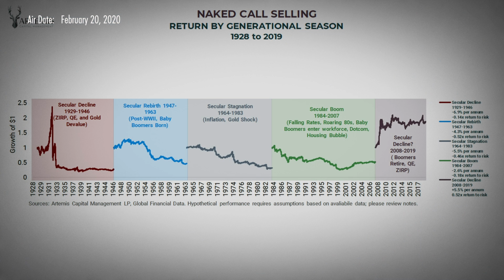Let's take a look at that. In the 1930s, the stock market dropped 80%. If you were selling calls on the way down, you would have done a little bit better than someone just holding the stock. But then we had the deflationary left tail. Then you have the right tail, where they do the 1932 Banking Act, lower rates, devalue, and also devaluation versus gold.